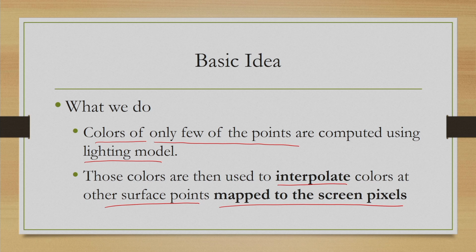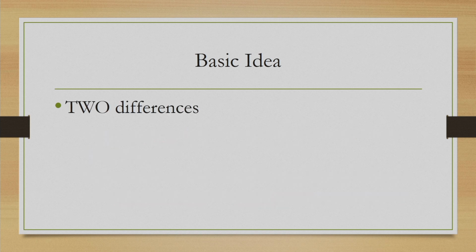So, here shading models are used when the surface points are already mapped to screen pixels. So, already rendering took place. Now, between lighting model and shading model, there are broadly two differences.